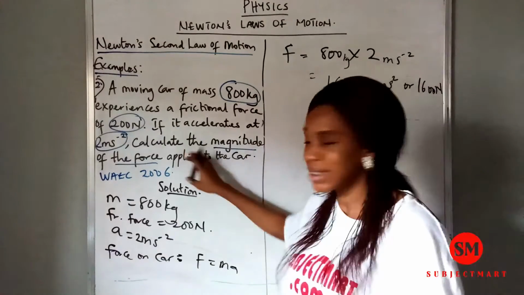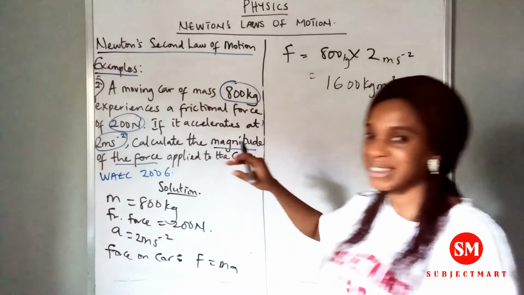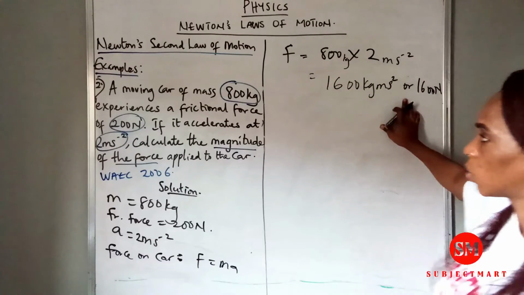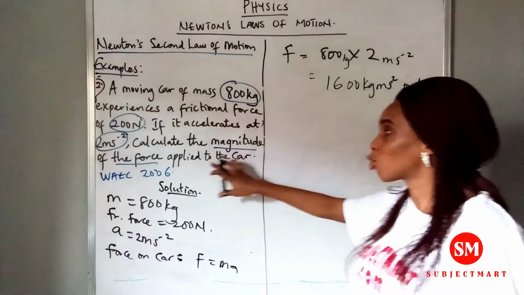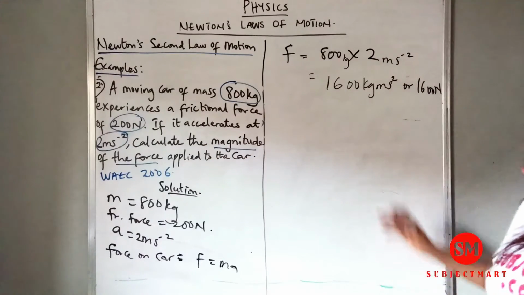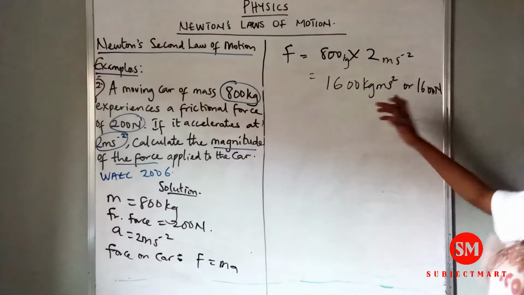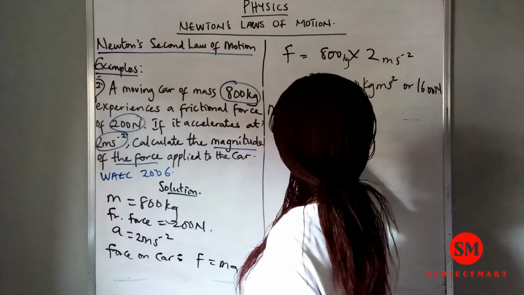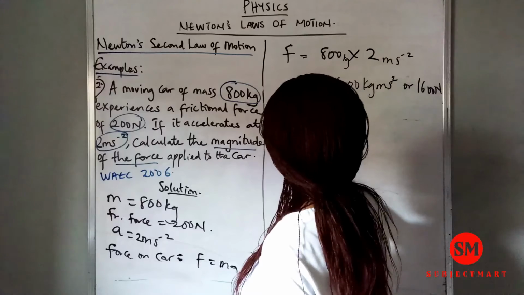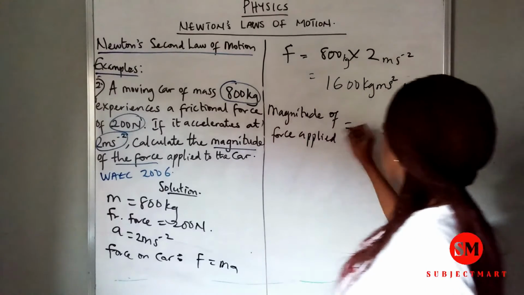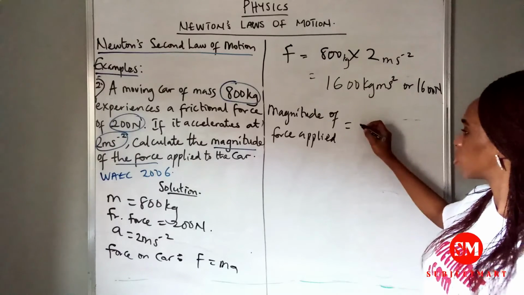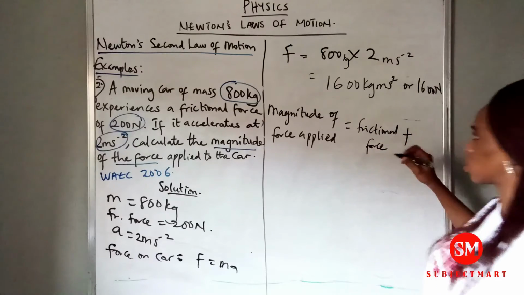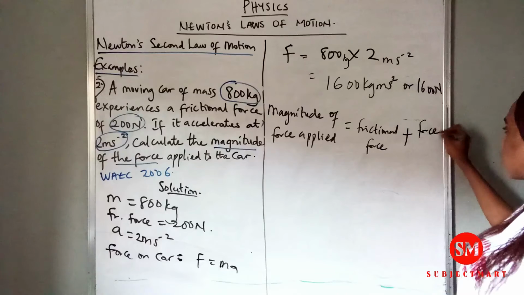But the question says calculate the magnitude of the force applied to the car. So here, this is one of the forces, while we also have the frictional force. So the total force applied to that car will be the frictional force plus the force applied to move the car. So the magnitude of force applied will be equal to the frictional force plus the force in moving the car.